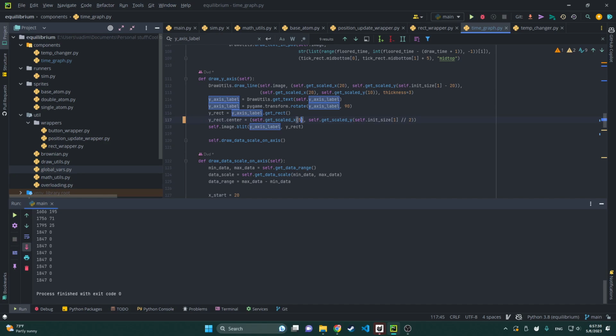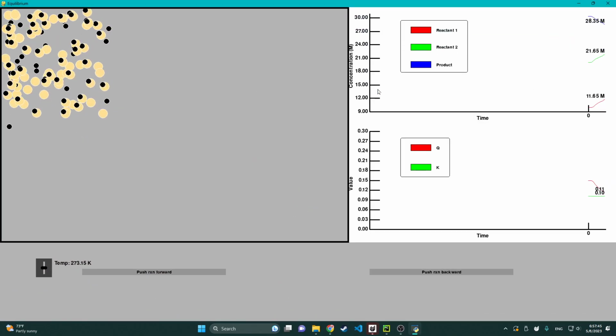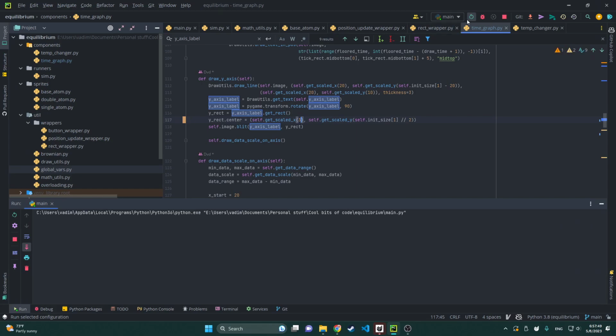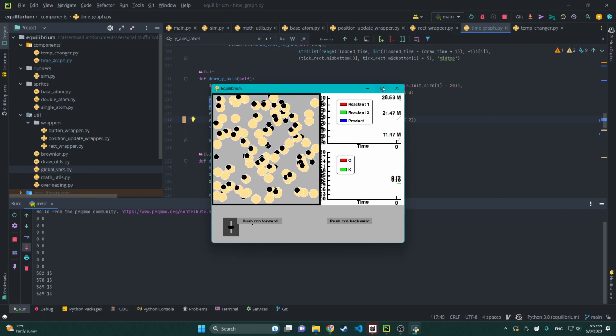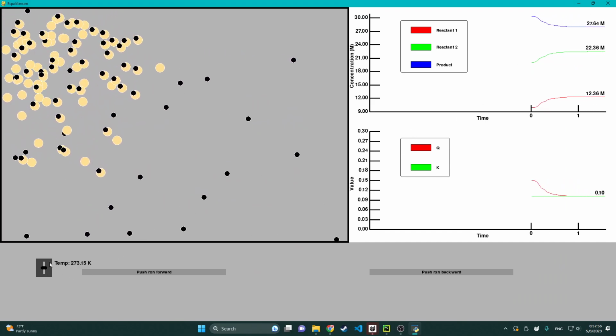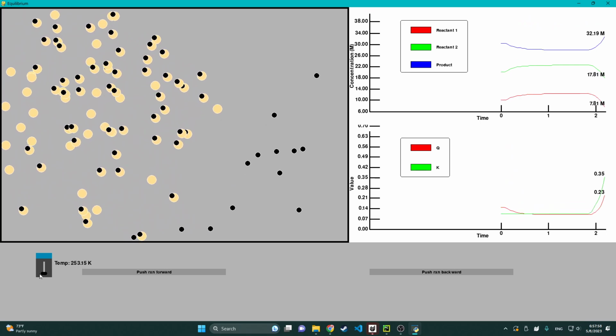Still a bit too much. Maybe like 3, maybe 2. We're just moving it to the side a little bit. Too much. I was right with 3. Good enough for government work. I might work on that later, but it's fine for now.